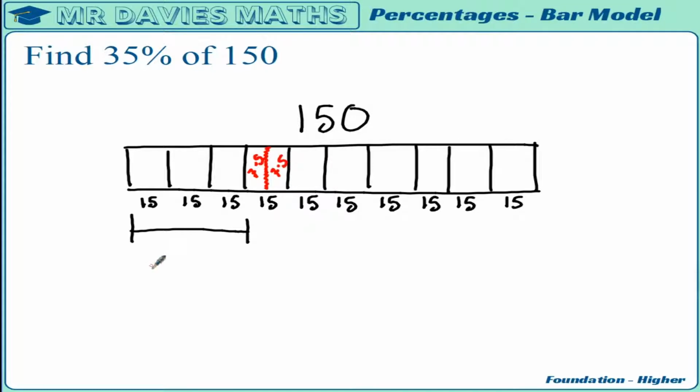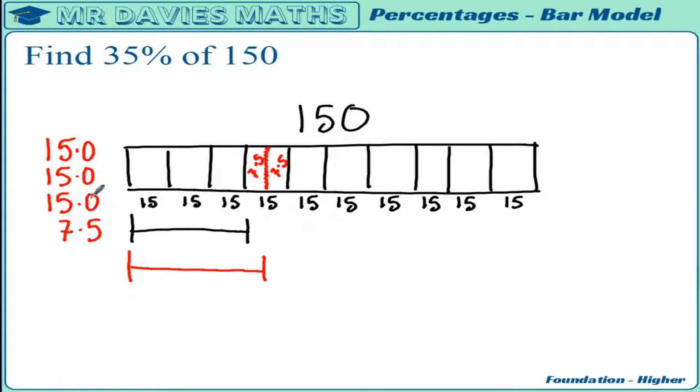So to get my 35%, I need my 30% and the 5%. I've got 15, 15 and 15. They're my 10% boxes. And then I've got to add on 7.5. Make sure you line the units up when you do this. Otherwise you may get a little bit mistaken. So I'm going to put the decimal point after the 15, after the 15 and after 15. I might as well put a 0 there just to fill up the gaps as well.